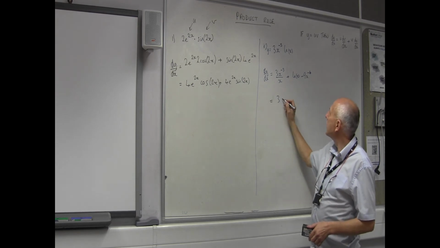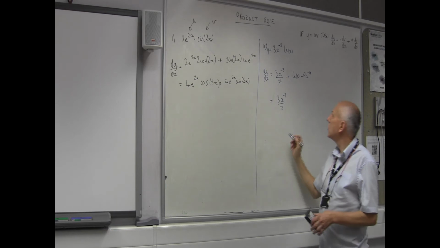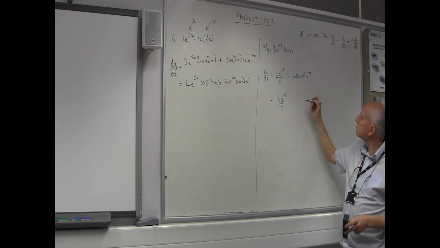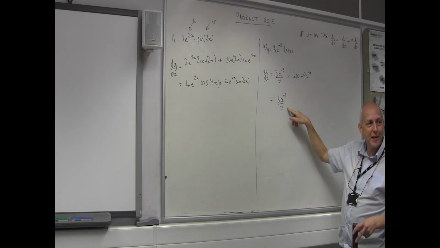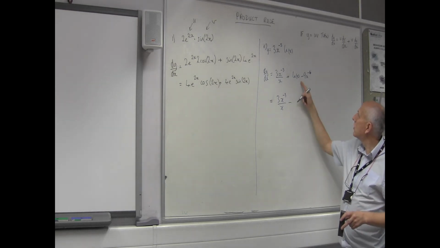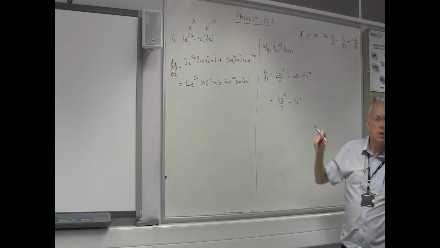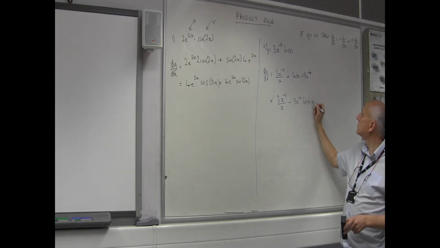So 3x minus 3 over x. We can't cancel anything. We could actually bring that down to the bottom and then bring them together, but let's not. And then minus 9x to the minus 4 times log x.